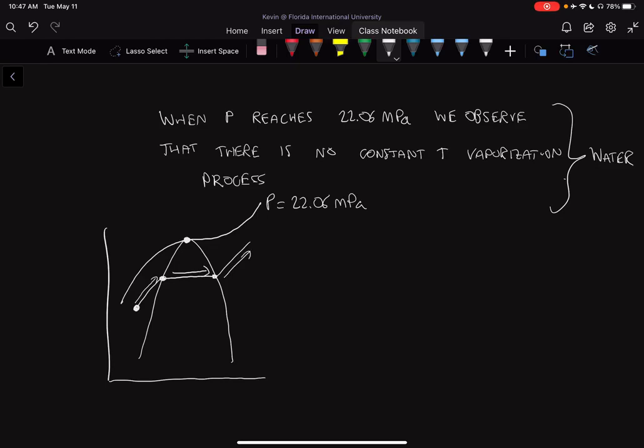When you reach 22.06 megapascals, the fluid essentially turns from a liquid to a gas instantaneously. And that is called the critical point. So this point here that I'm pointing at with the red arrow is called the critical point.